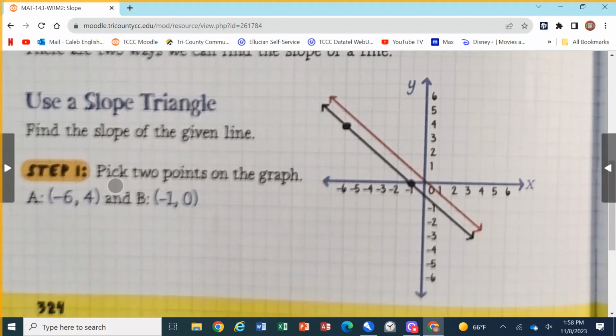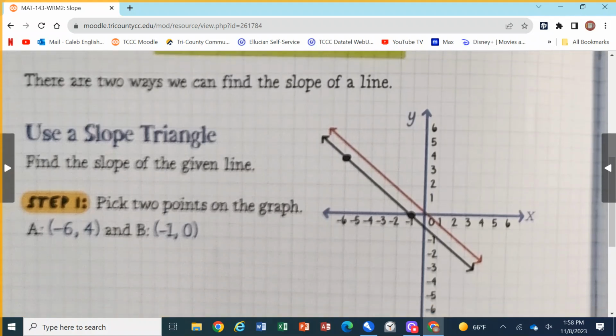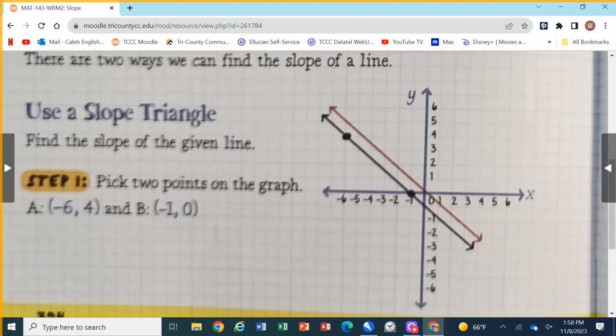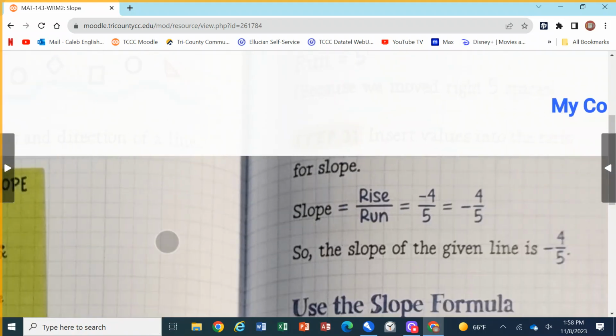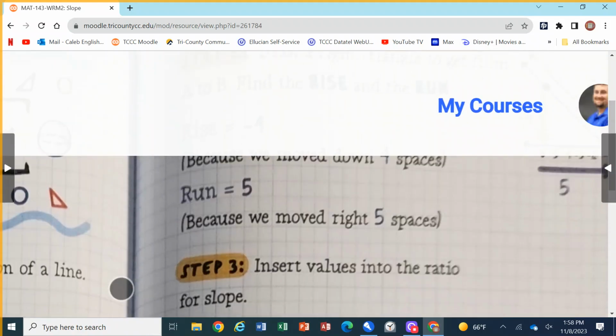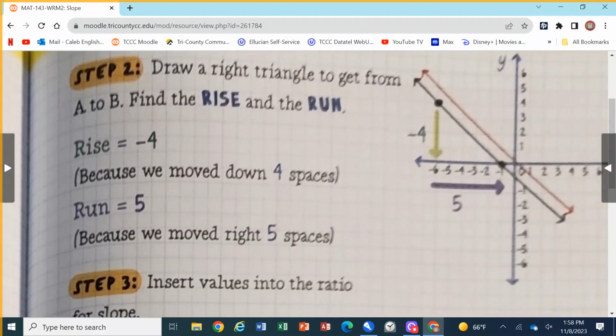Again, it walks you back through the two ways to get the slope. This book calls one Walking the Slope, using something called a slope triangle. Here's your line, and when you walk it, it makes a right triangle when you're trying to get to the second point.